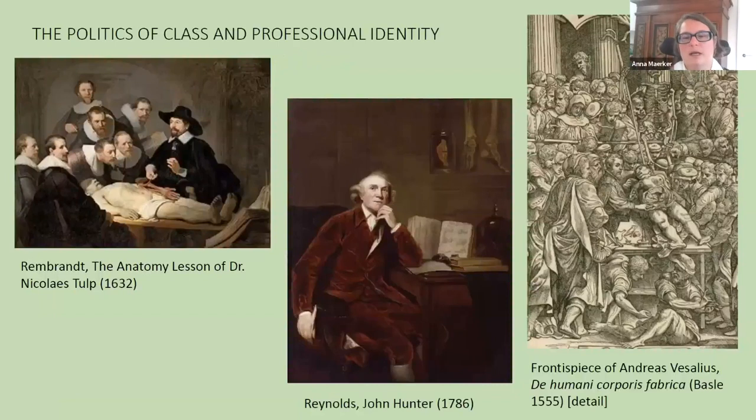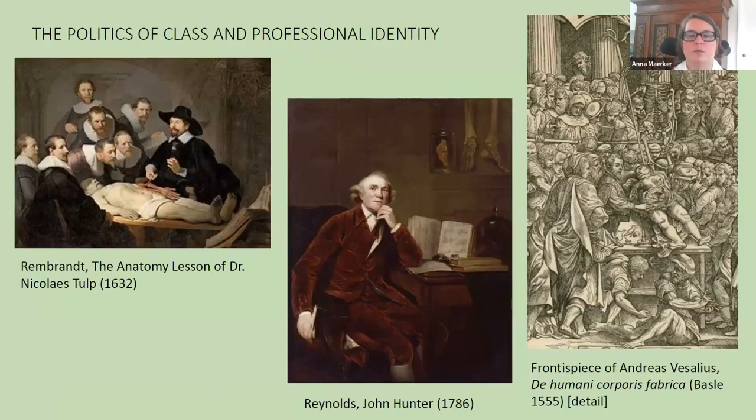And with this, I want to think a little bit about the politics of class and formation of professional identity. Again, something that historians have a long-standing interest in is the politics of class and its intersection with the formation of professional medical identities. Portraits of the medical profession posing with, for instance, the open corpse or with a collection of specimens and images have long been used to articulate claims to medical expertise.